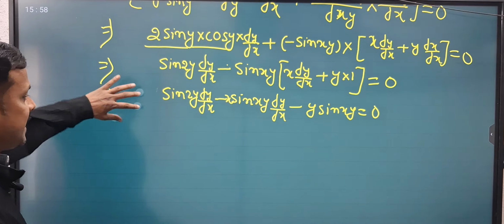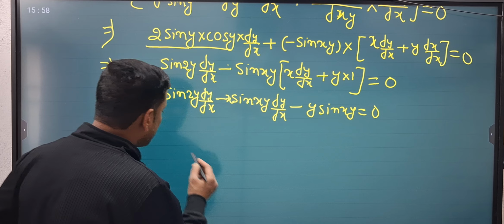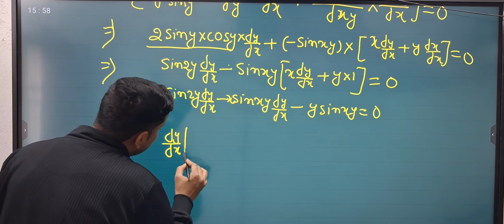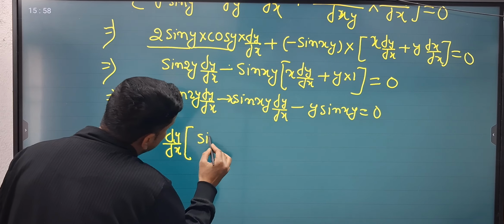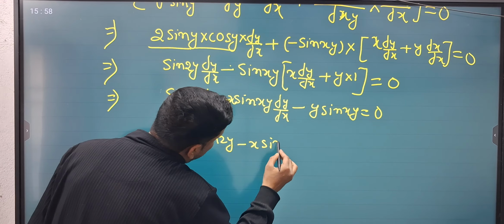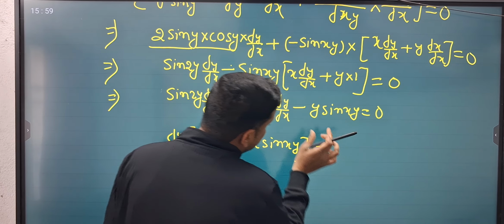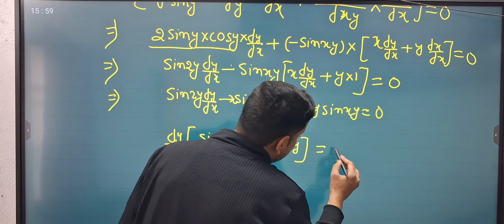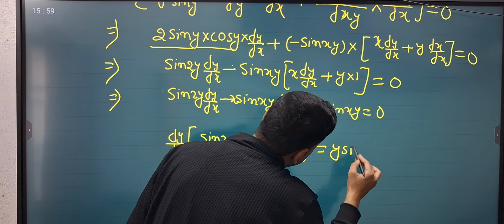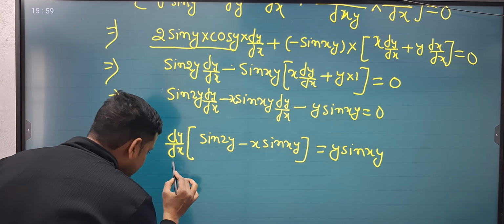Here you will see that in two terms there is dy by dx. So dy by dx you have to take common here. If you take dy by dx common, you will get here (sin 2y minus x sin xy) equals, this term will go to that side and it will be plus, so it will be y sin xy, and from here you can find dy by dx.